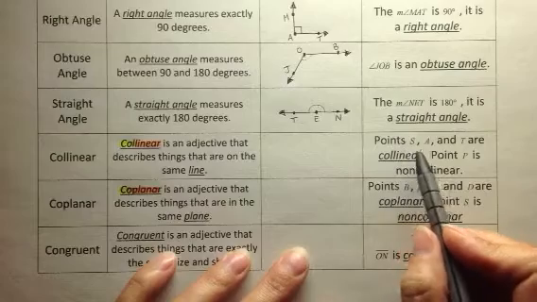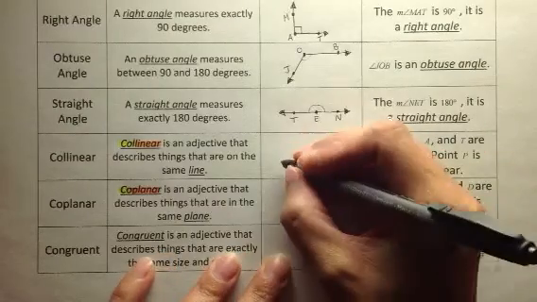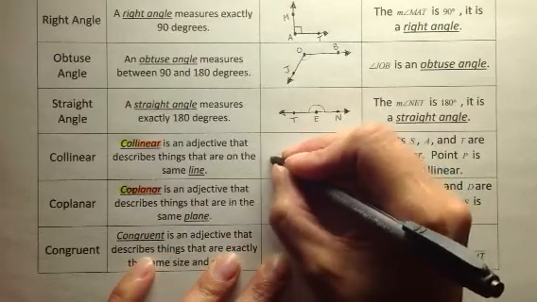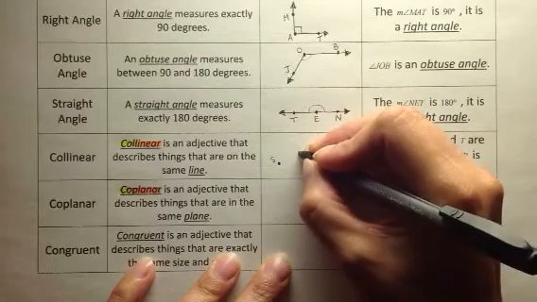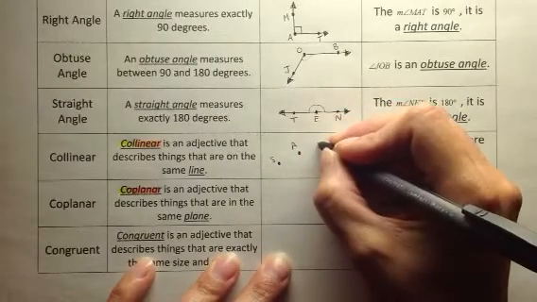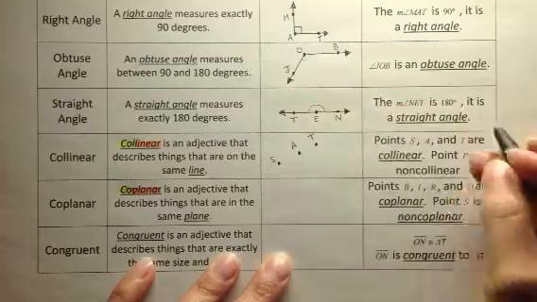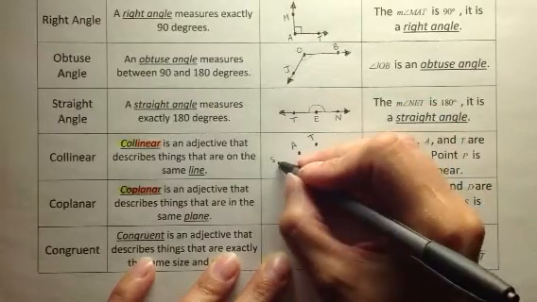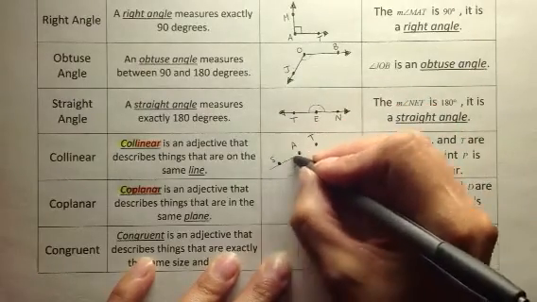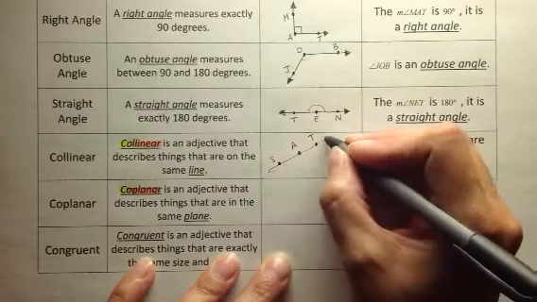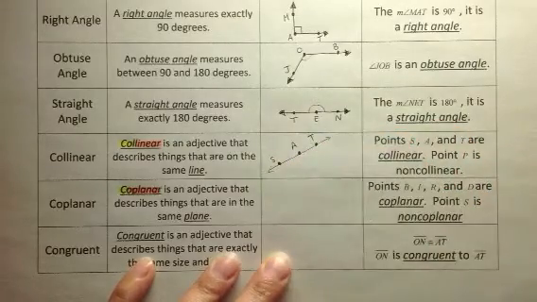Over here it said points S, A, and T. Now, if they are collinear, that means that when you draw a line, it will go through all three of them. Those are collinear.